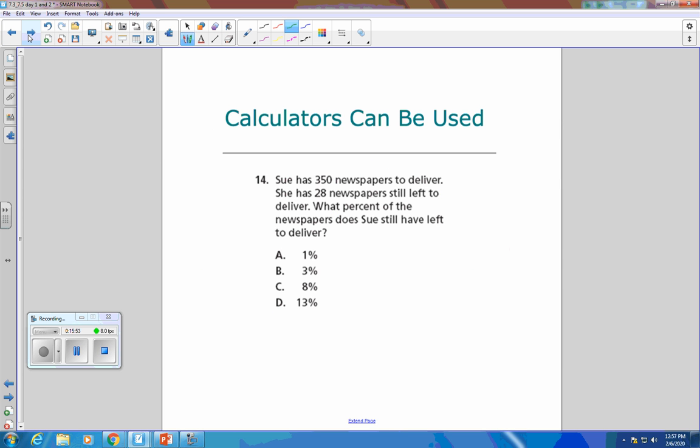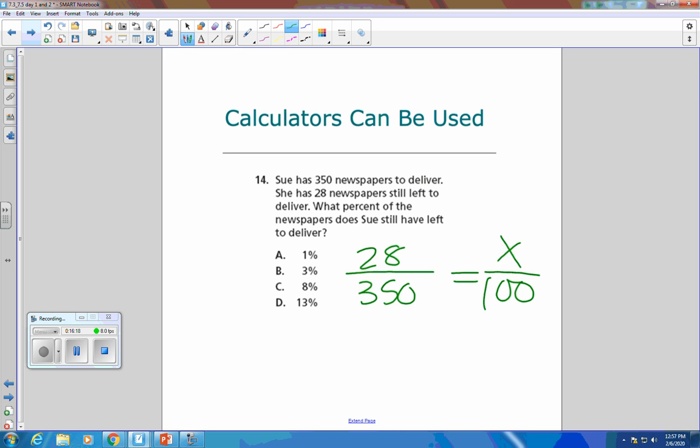Okay, this is an example of an MCA problem. Sue has 350 newspapers to deliver. She has 28 newspapers still left to deliver. What percent does she still have left to deliver? So I'm going to use a percent proportion. I know the total is 350. I know I'm trying to find percent, so that's my x over 100. And then 28 is my part. She still has 28 left.